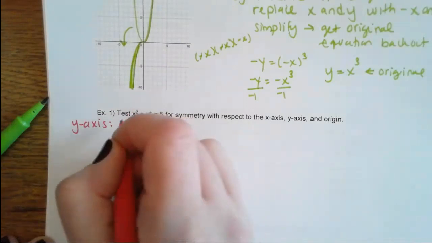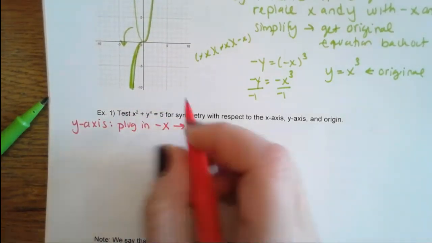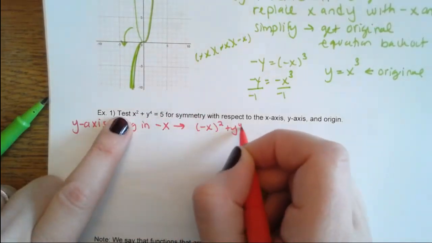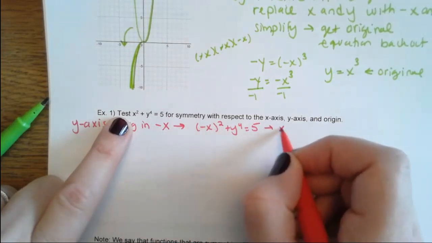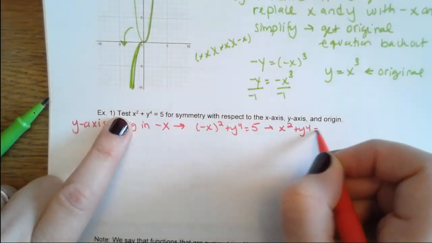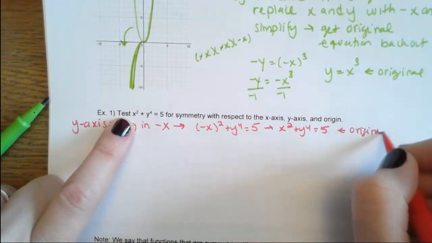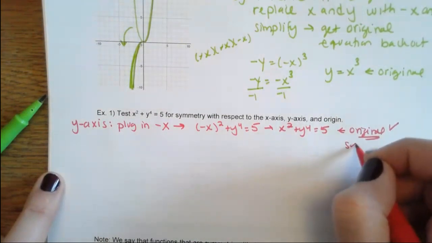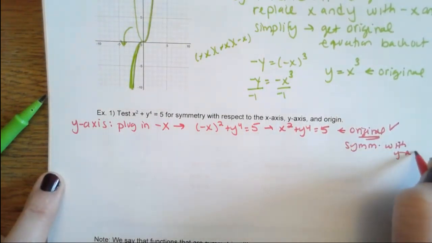For this one, remember we plug in negative x. So I take my equation and plug in negative x here. When I square that negative, it does become positive again, and I do get the original equation back out. So there is symmetry with the y-axis.